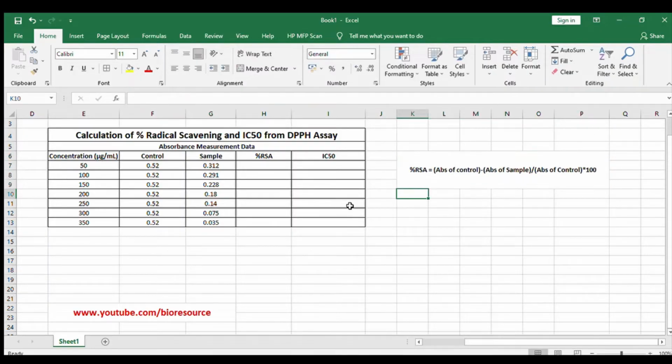So this is the formula for calculating the percentage radical scavenging activity. Let's apply this here.